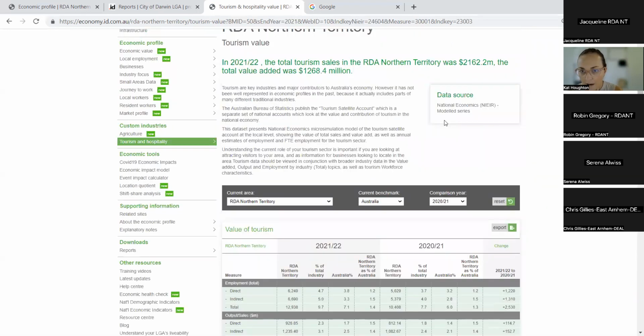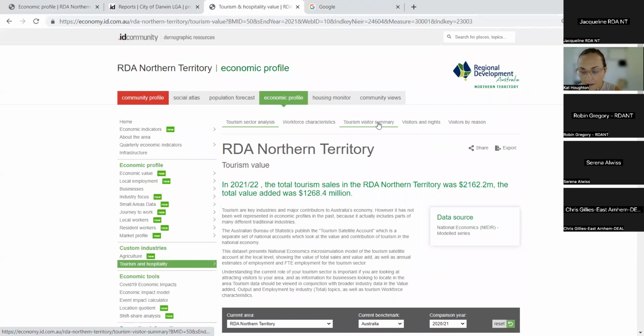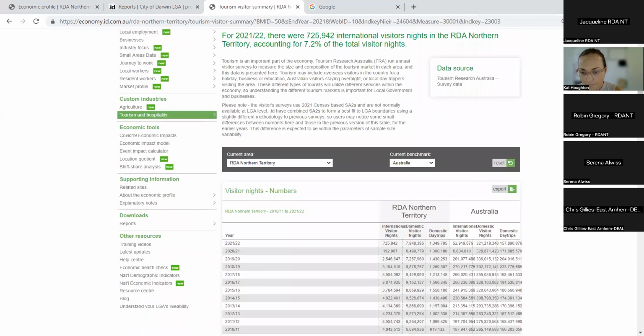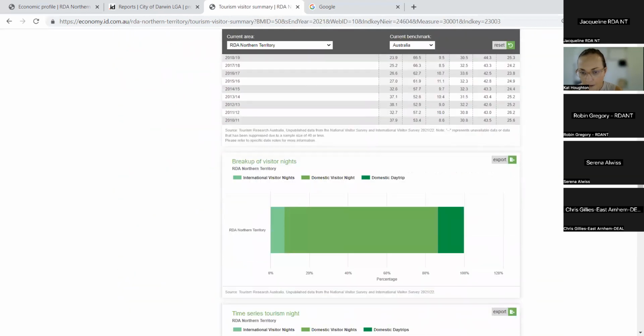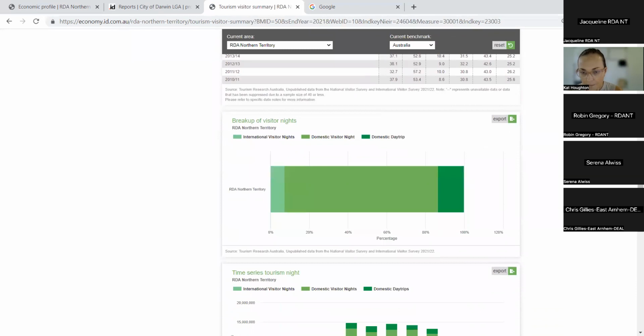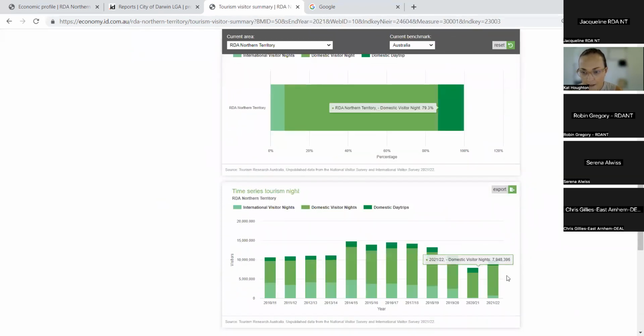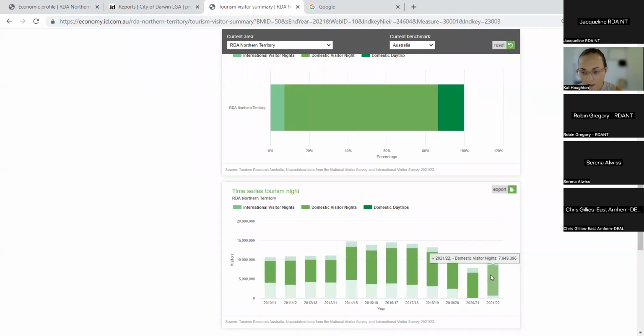Let's have a look at our visitors. Okay. So we can see here domestic visitor nights. Domestic visitor nights is what is driving that growth in our value add.